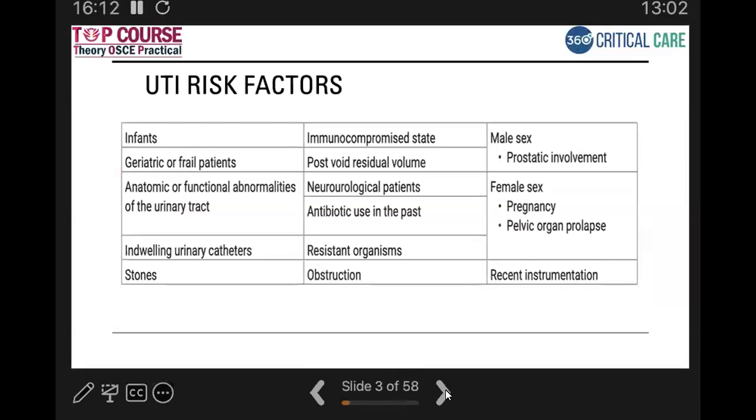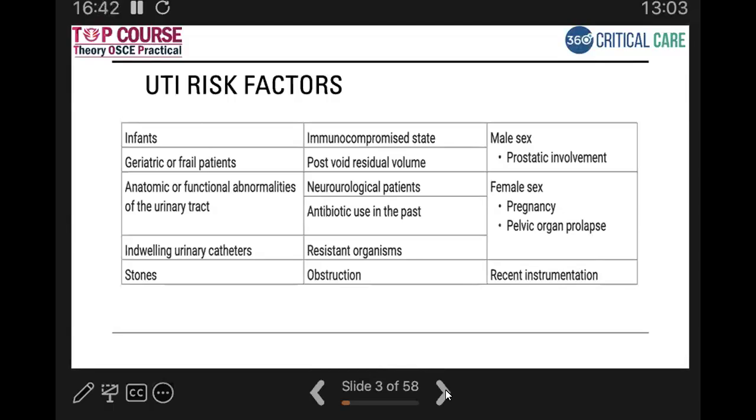Any presence of indwelling urinary catheters, or any obstructions because of stones, staghorn stones causing obstructive uropathy, and immunocompromised state, post-void residual volume, neurological patients who end up with a Foley's catheter for a long time, and antibiotic usage in the past, resistant organisms, obstruction.